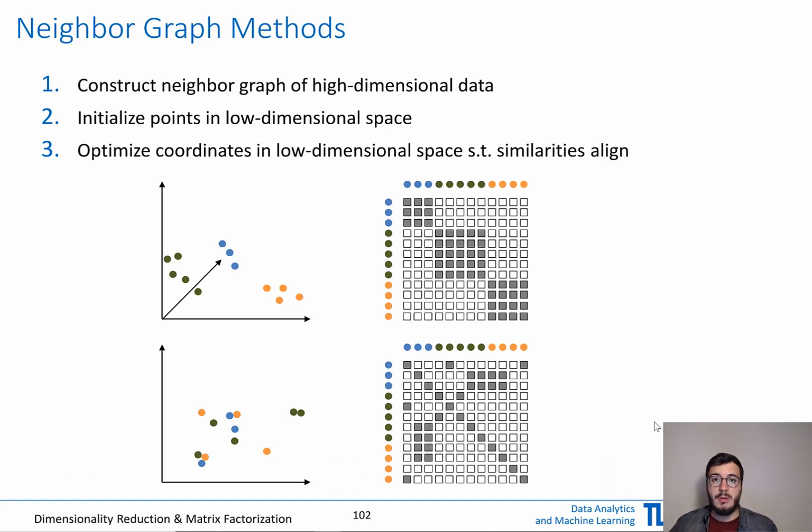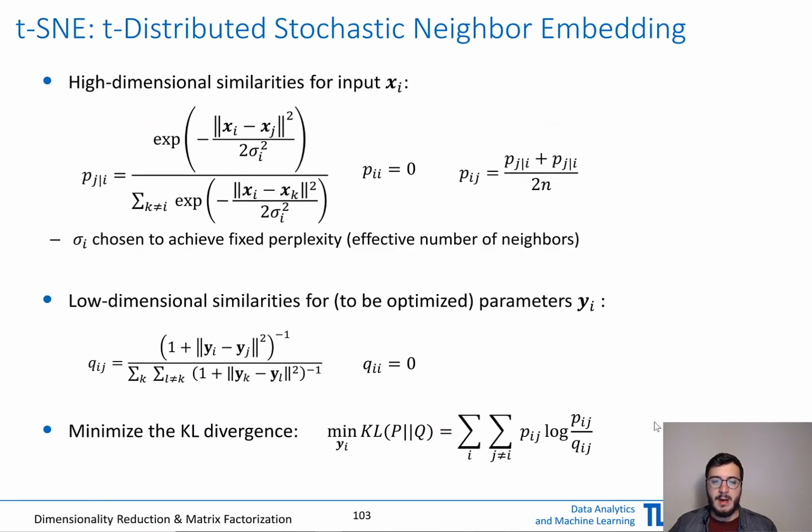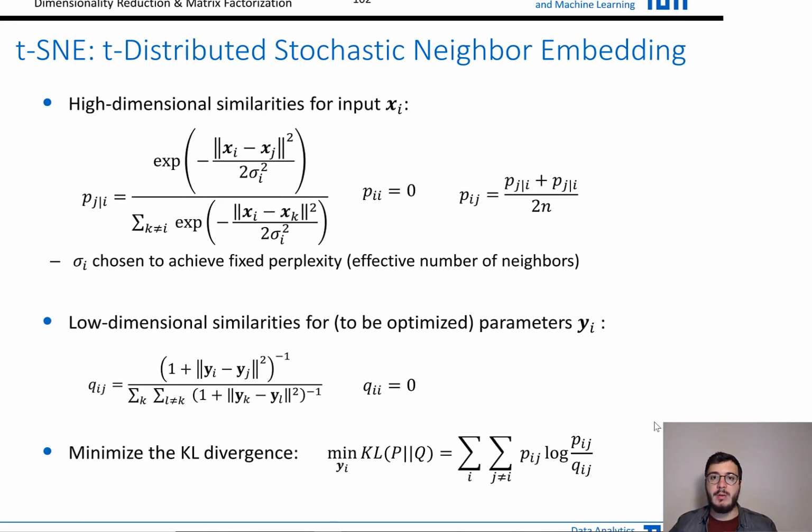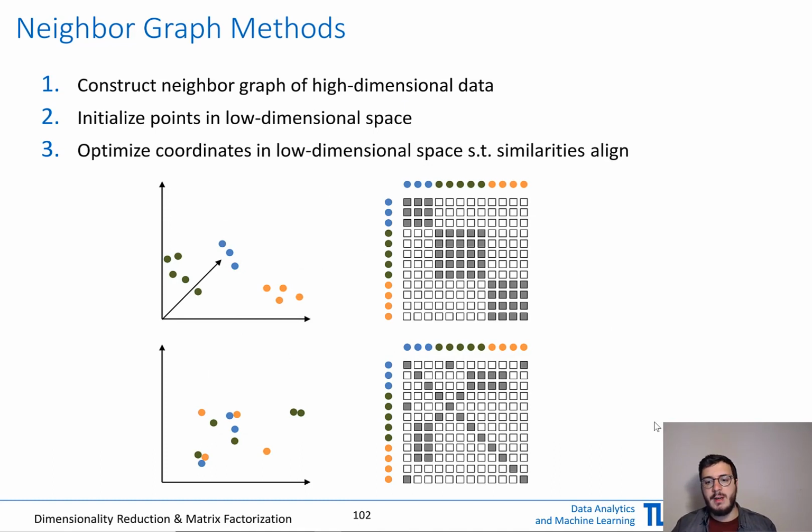But then what we've also talked about is that by changing the sigma i, we're changing the effective neighborhood. So one thing we can do is, instead of computing all possible n-squared neighborhoods, we can do an approximate version of t-SNE, where for each node we only find its k-nearest neighbors.